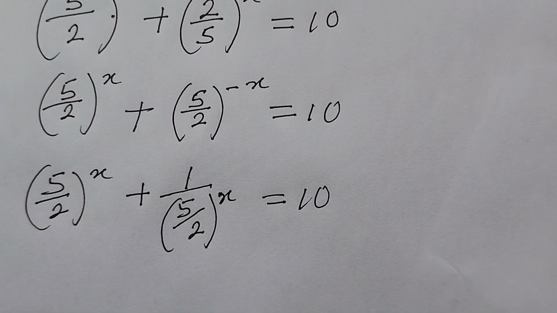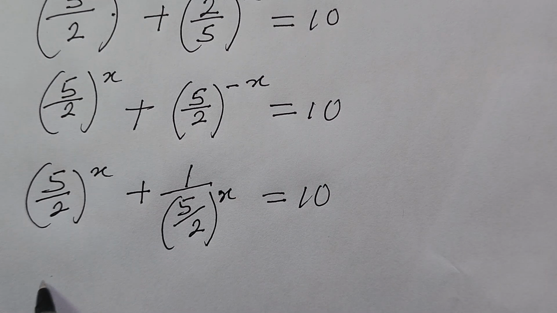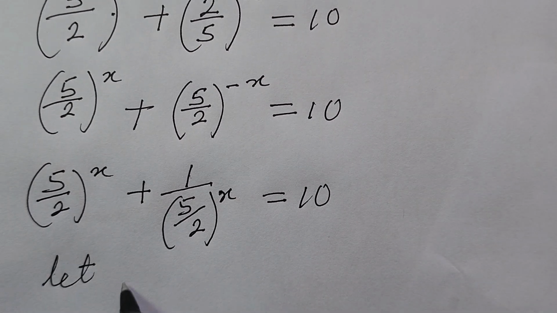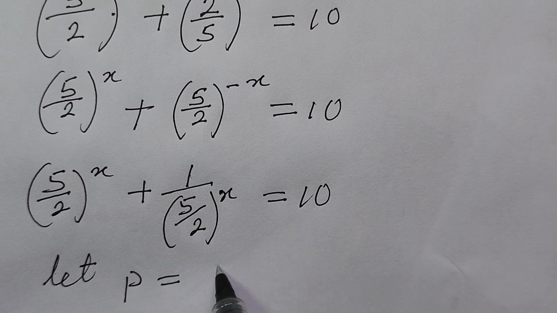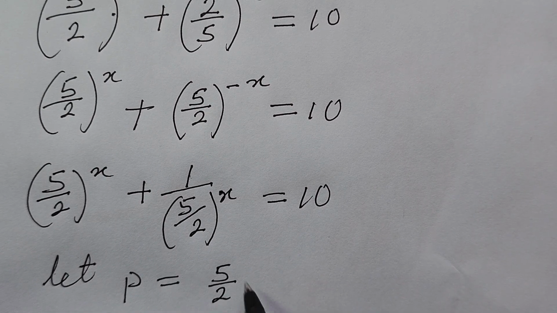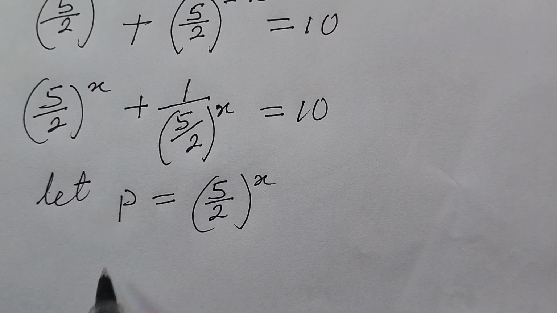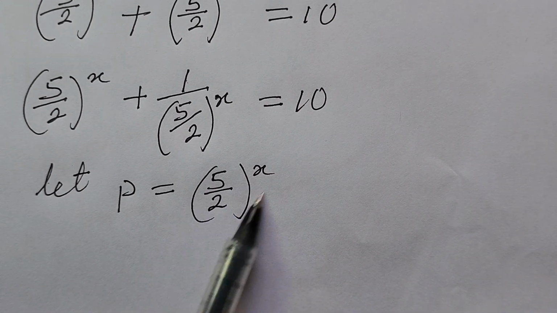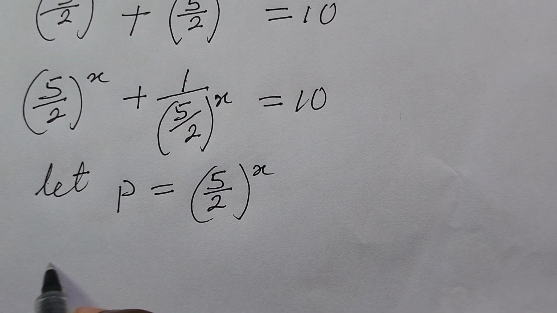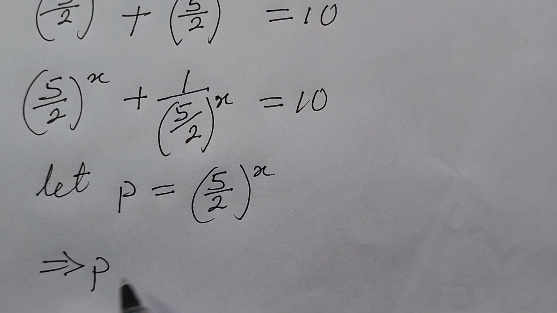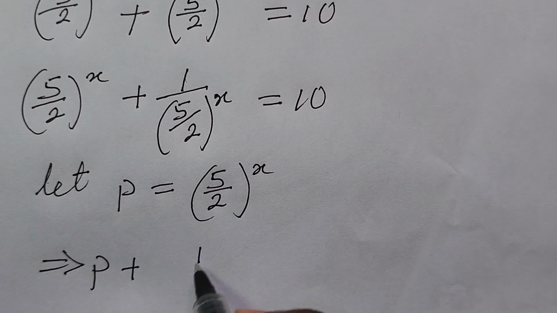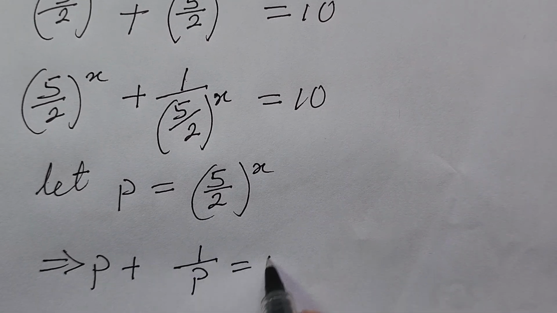So what we do next here is to do some simple substitution. So we can say here, let p be equal to 5 all over 2 to the power of x. So if we do that, wherever we see this expression, we put p there. So this now implies p plus 1 all over p equals 10.